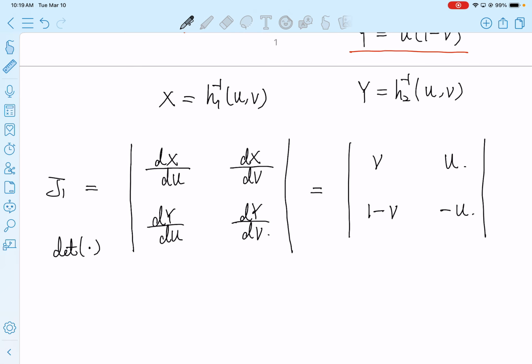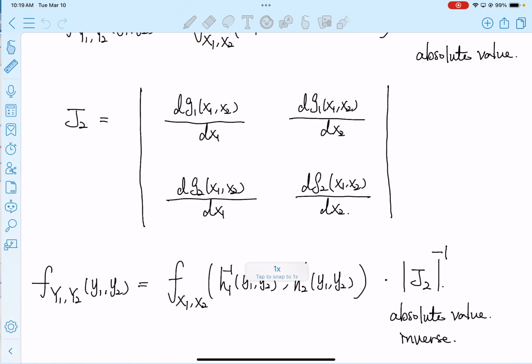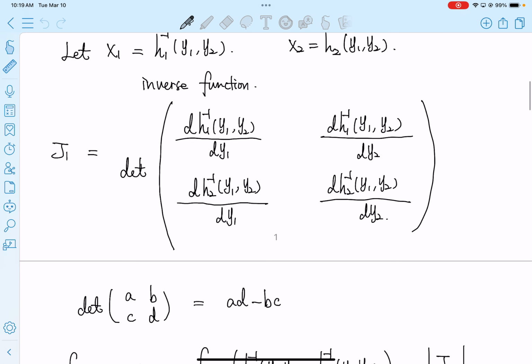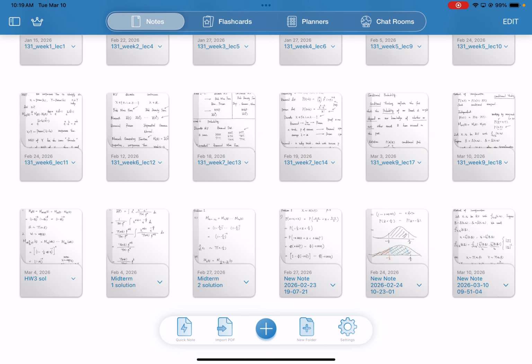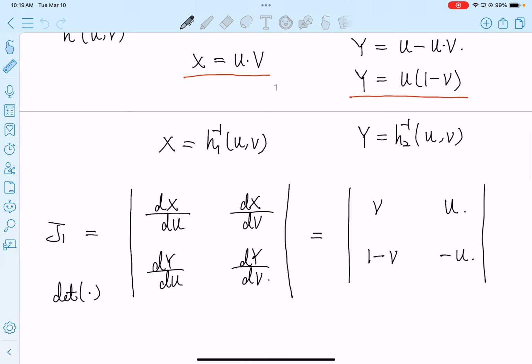Yes? So just to clarify, J1 uses the inverse functions and J2 uses the original? Actually, it doesn't matter, it's just a naming thing. Here the J1 I define as starting from the H, so the numerators are all the H. So this is the definition for J1.